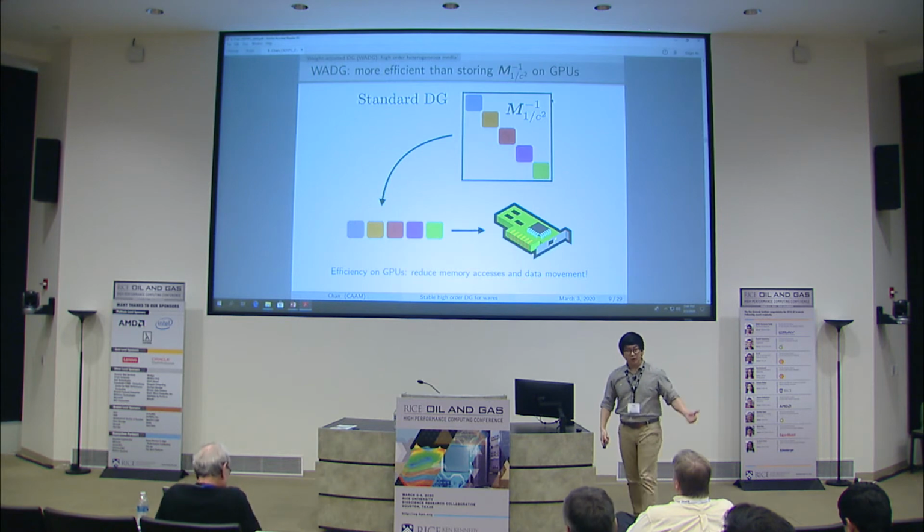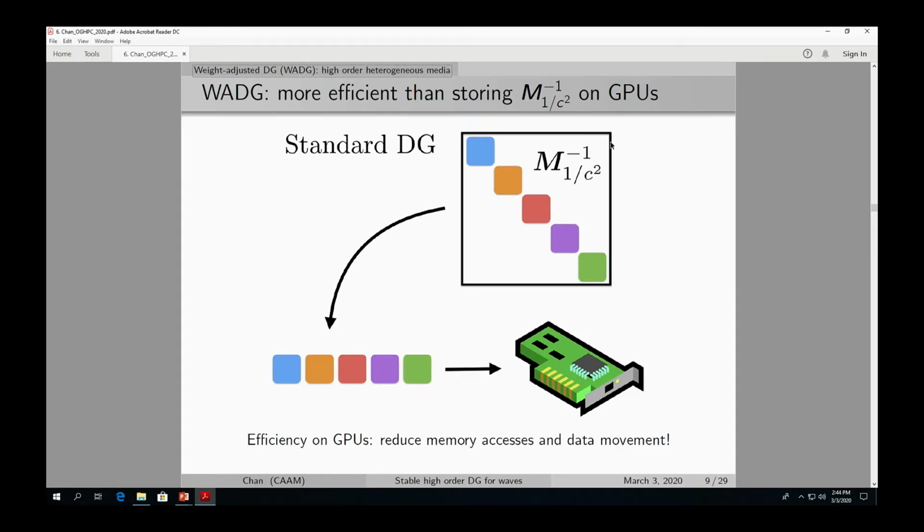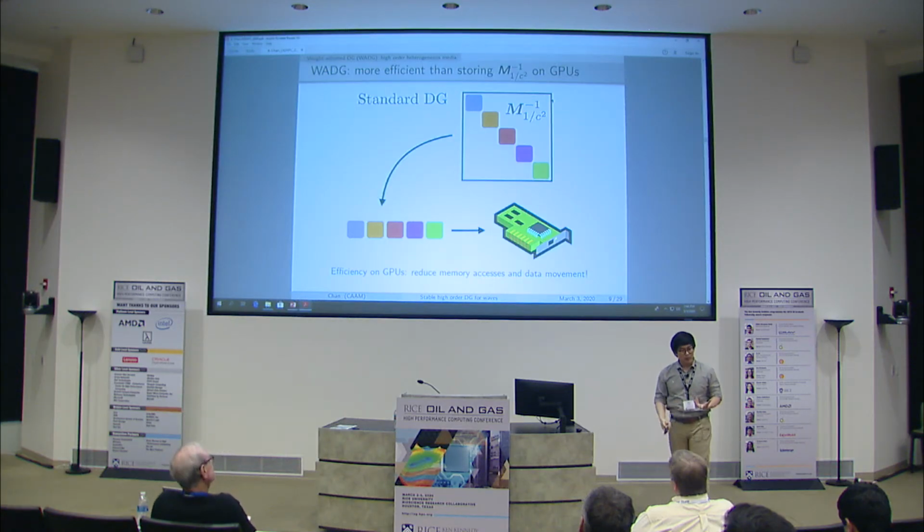This works because, if you want efficiency on GPUs, you don't focus on the flops. Flops are essentially free. You focus on the memory accesses and the bandwidth that you have. And if I want to pre-compute and store inverses to all these local blocks, then I have to basically shove all of these matrix blocks through a GPU, and that eats up all my bandwidth.